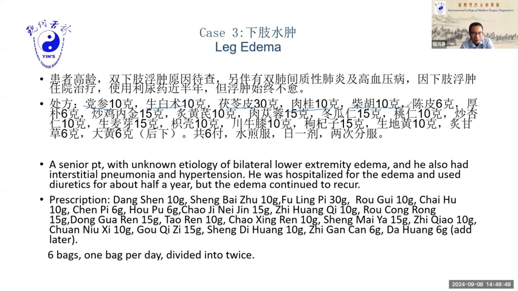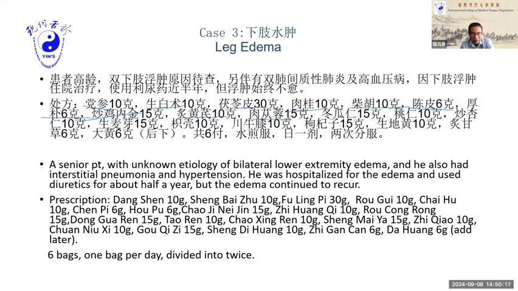Chaihu is for the liver qi stagnation. Chenpi and Houpu are mainly for the bulging in the middle, and Jinlijin is for the middle jiao blockage, mainly for the stomach. Zhi Huangqi is a tonic for qi deficiency.